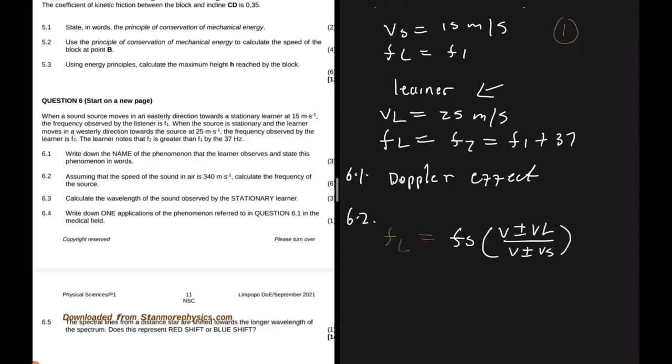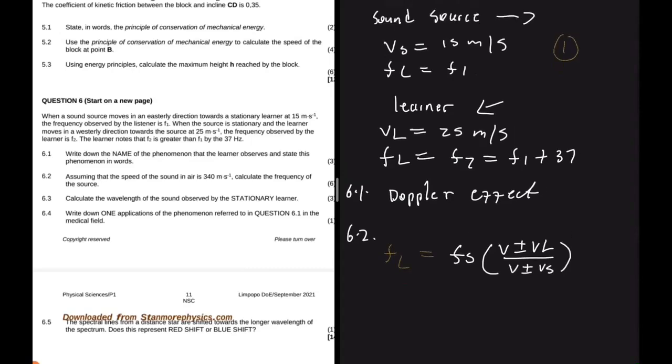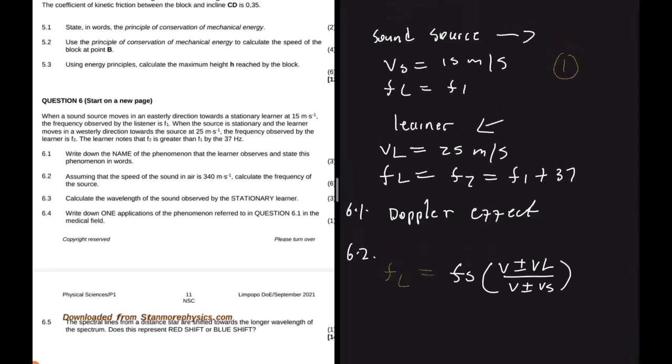The frequency observed when the source is moving towards the listener is F1, and this equals Fs, because we don't know what the emitted frequency is.